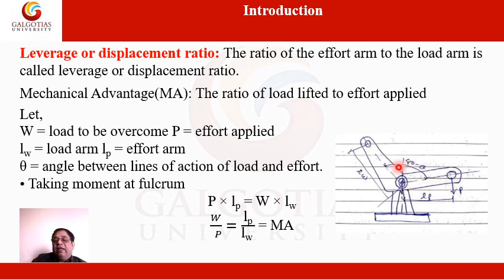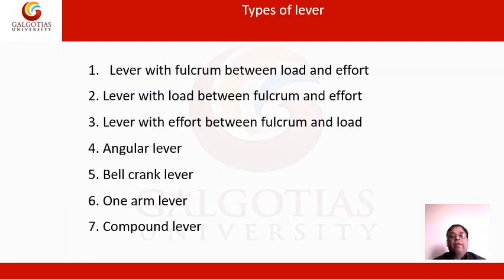This angle between the arms is less than 180 degrees. The system should be in equilibrium, that's why P into LP is equal to W into LW. So the ratio of load upon effort, or LP over LW, equals the mechanical advantage.